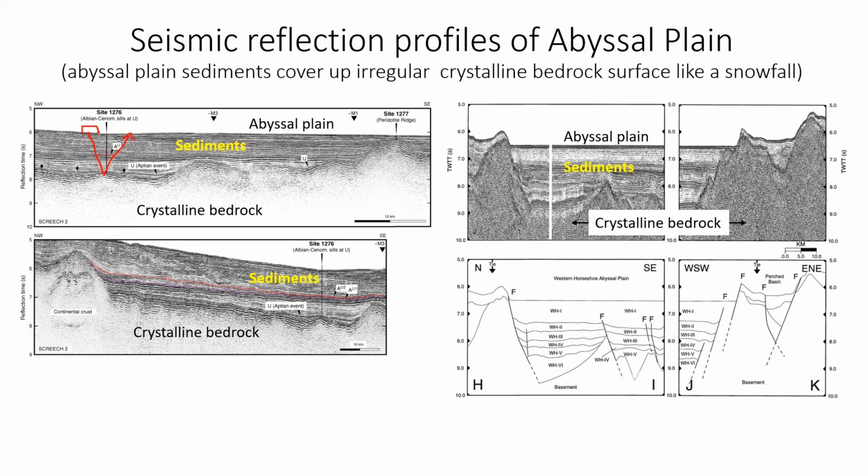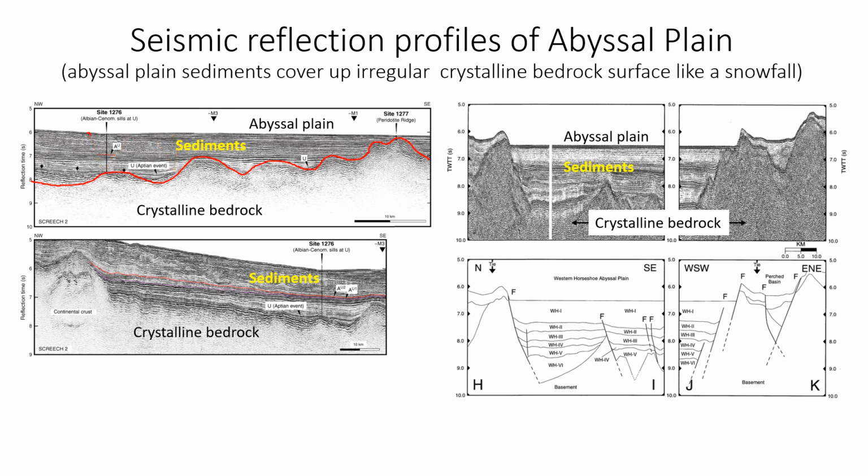And by doing this in many places, setting off explosive charges on the sea floor, it's actually possible to map the irregular volcanic topography underneath the abyssal plain sediments. So when I said in the last slide that the abyssal plain sediments sort of cover up the irregular volcanic bedrock like a snowfall, hopefully you can see what I mean here.